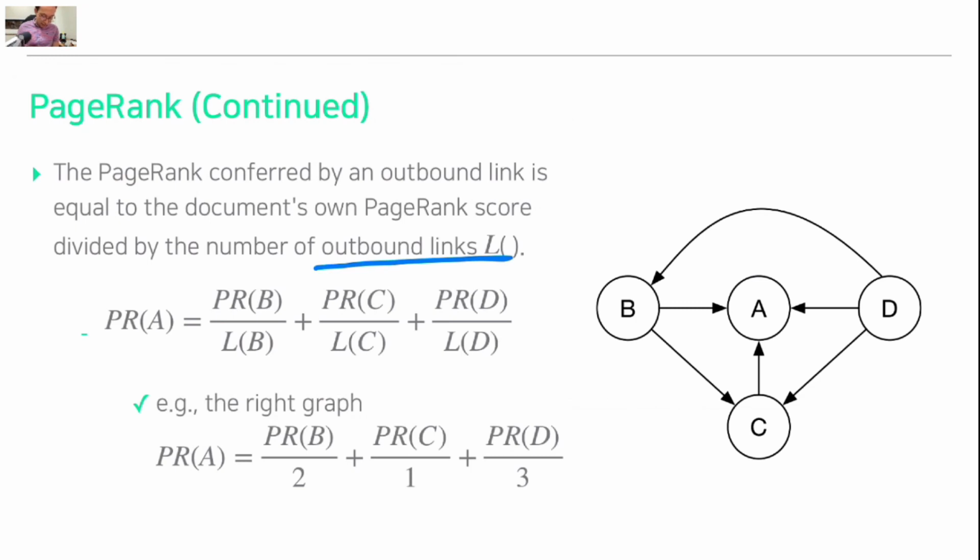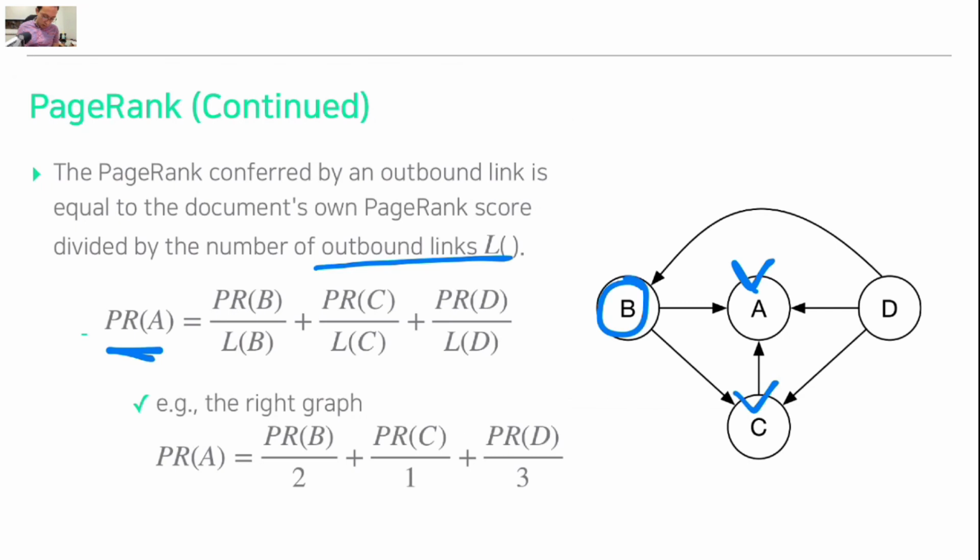To get the PageRank score of A, we're considering the outgoing links as well, because B sends a link to page A and C, which means the PageRank score is divided by 2 different web pages, right?